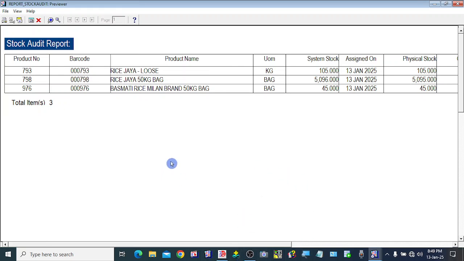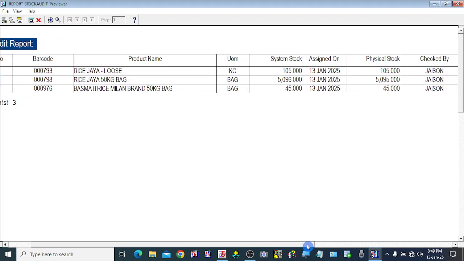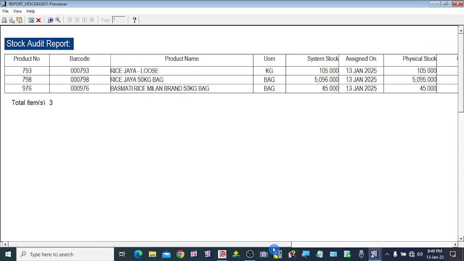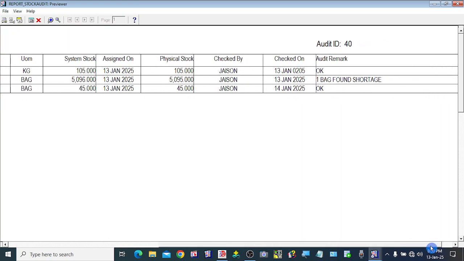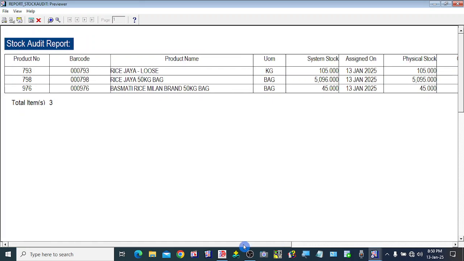The concerned person will pay more attention to maintain the physical verification of each inventory in your store, thinking that at any moment there is a chance of an emergency stock audit from the side of management, so that the concerned person may be very alert or vigilant to conduct the physical verification of all the inventories to find out if there is any mismatch between system and physical stock.